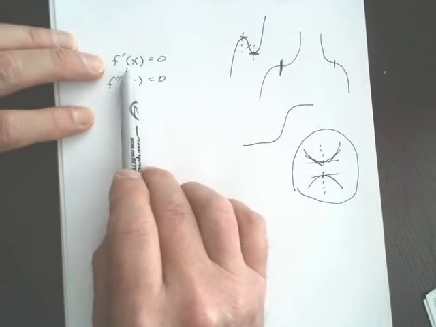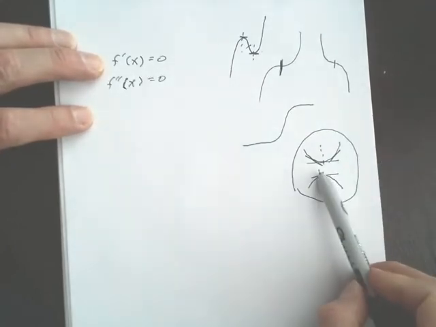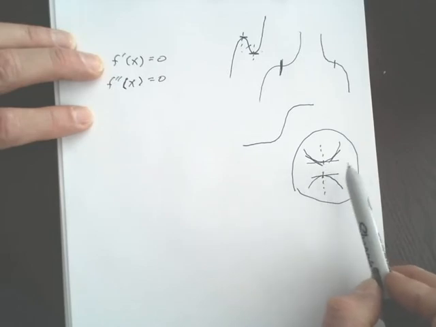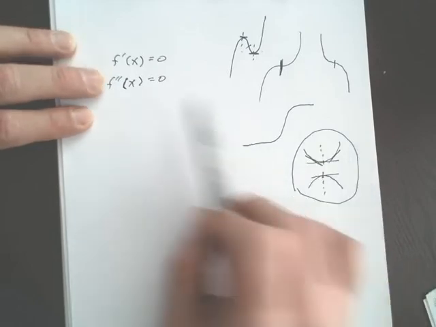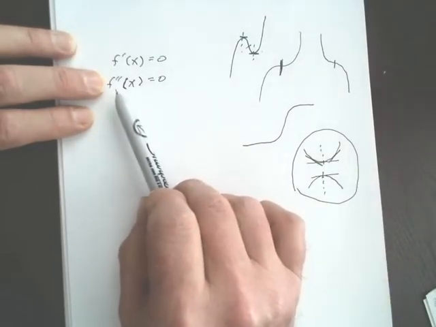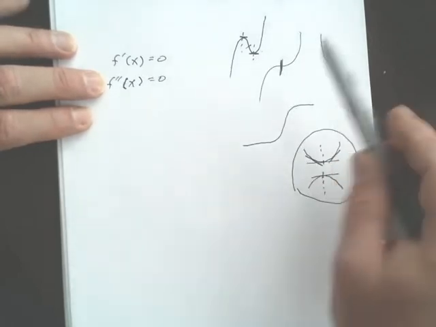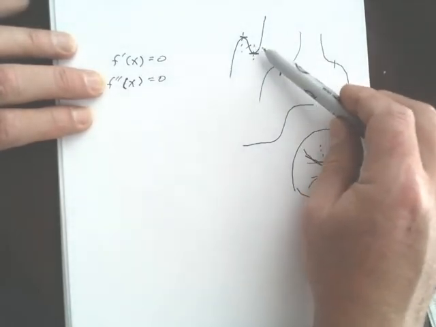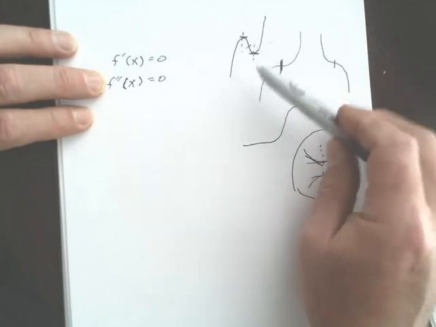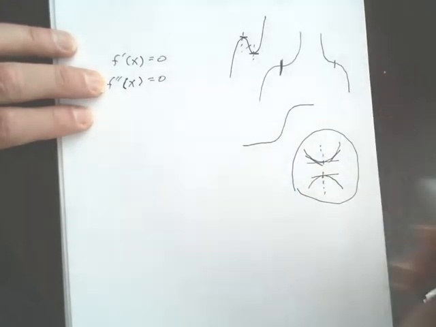So again, setting the first derivative equal to 0 was searching for the point where the slope changes from positive to negative. Setting the second derivative equal to 0 tells us where the concavity changes from up to down or down to up.